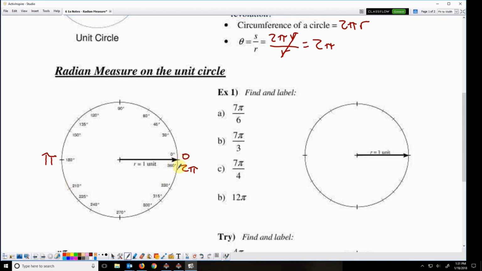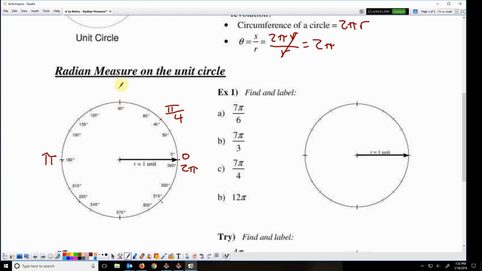The most important thing we get out of this is how to count around a unit circle. If I go to these quarter points, a quarter of the way, halfway, 3/4, and all the way around, and then these other quarter points as well, I count by 1/4. So this first spot is 1/4 pi, or pi over 4.